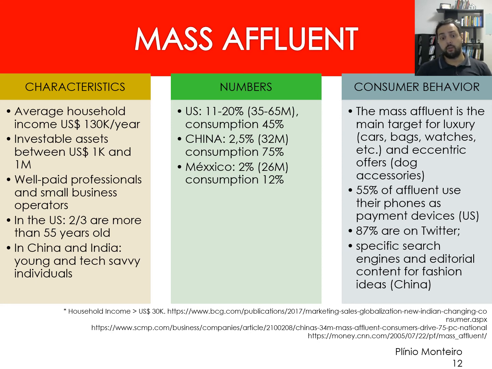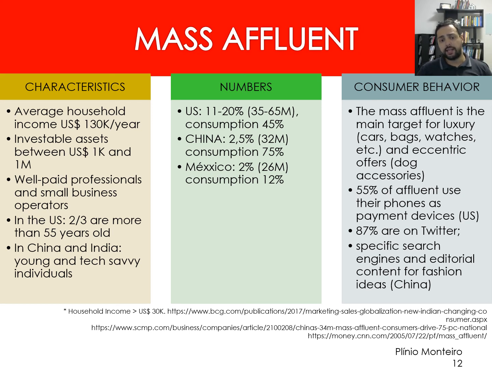Usually these are well-paid professionals or small business operators, and in the US basically they are a little bit older than average, with about two-thirds more than 55 years old.